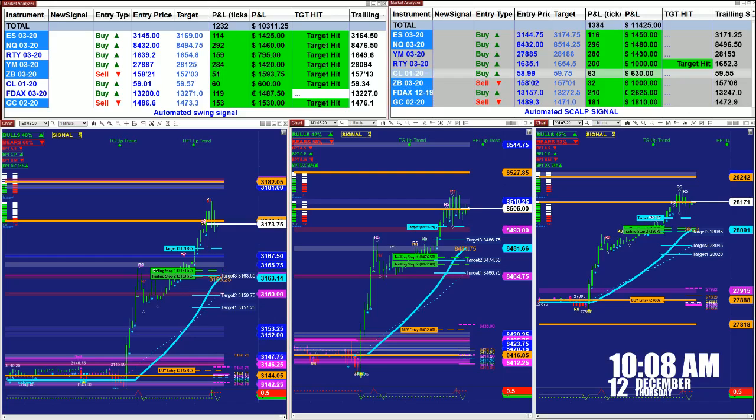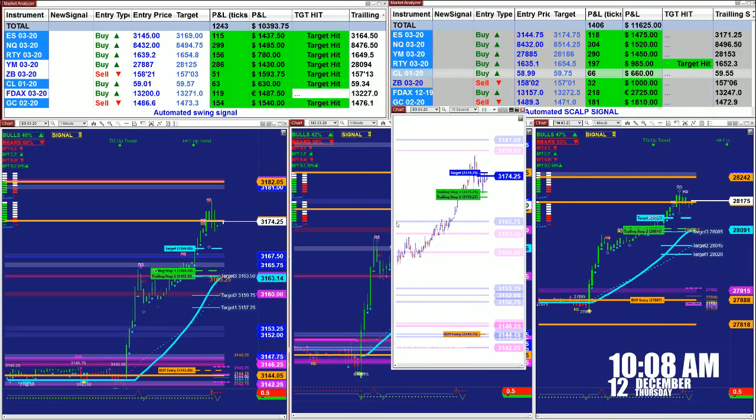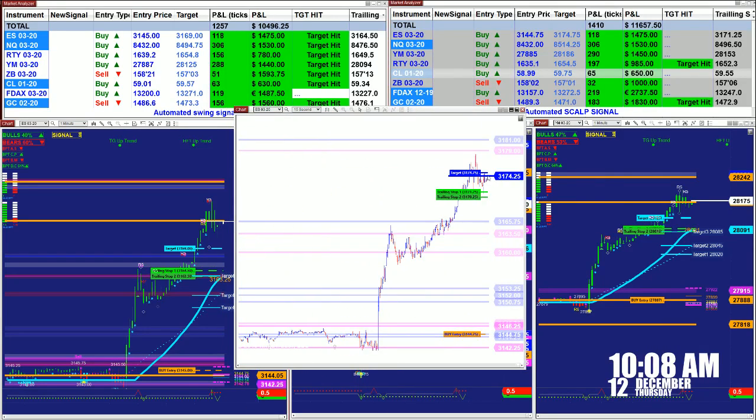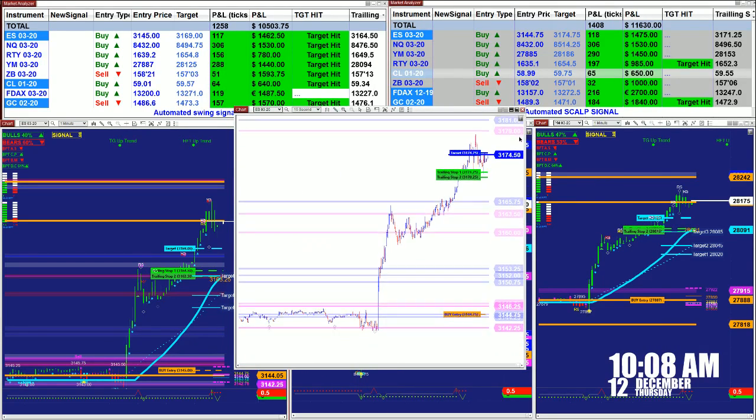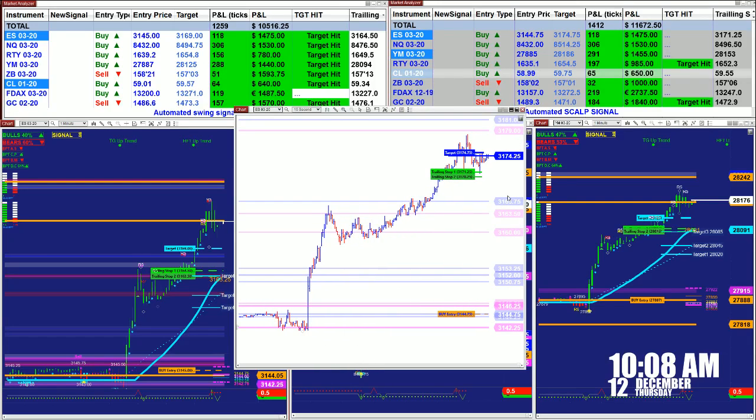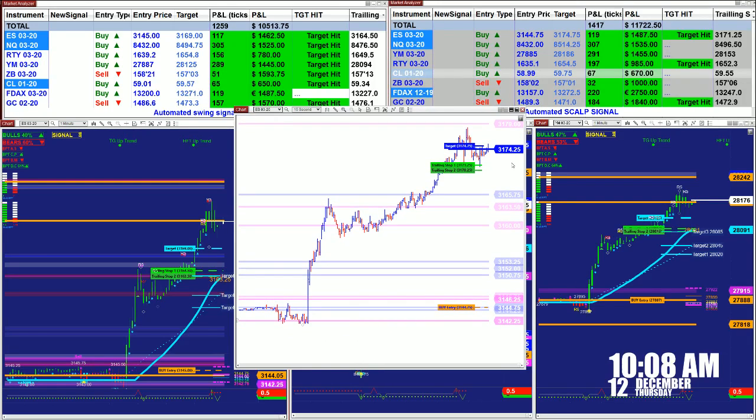Even in scalping mode, I would like you to see what's going on in the scalping. We have extreme levels on the scalping, and we have already hit the target on the scalping, and we are done. Now we are waiting on a short trade.